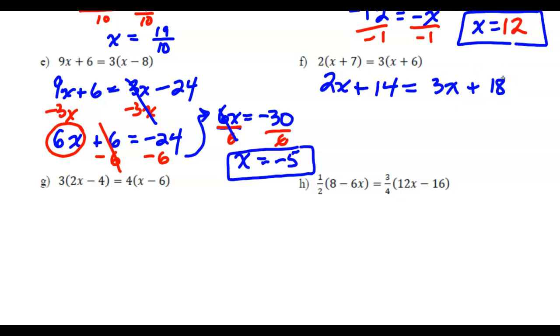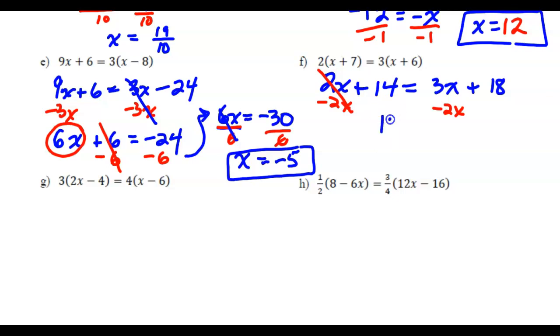X is on both sides, and numbers on both sides. So the smallest x term is 2x. If you want to subtract 3x from both sides instead, you can. You'll just have a negative at the end that you divide out.